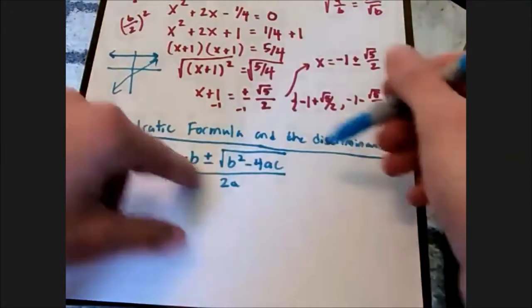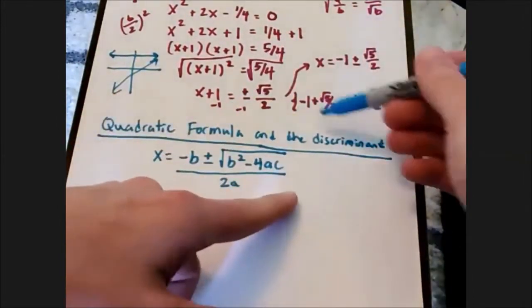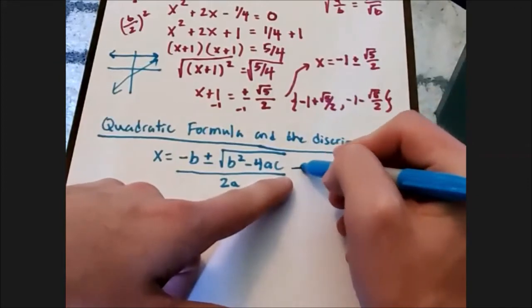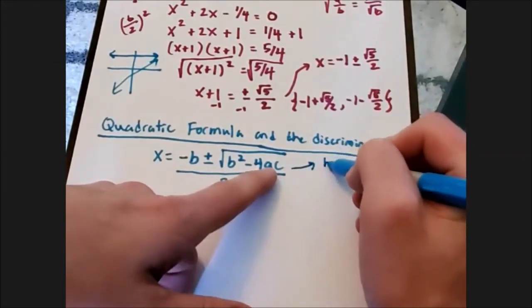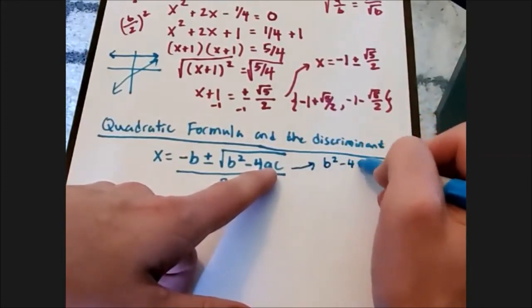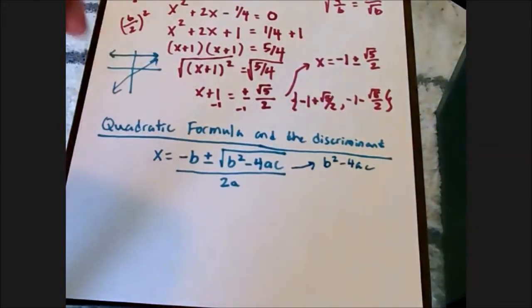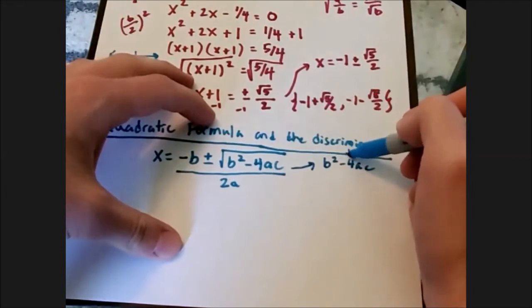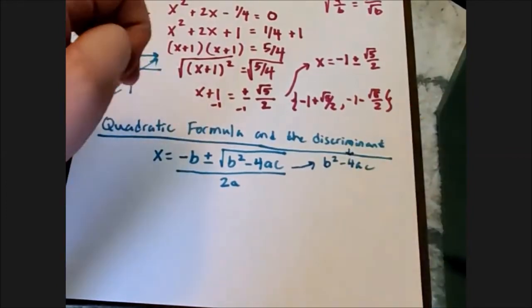And importantly, within the quadratic formula is this concept known as the discriminant. The discriminant specifically is just the b squared minus 4ac portion of the quadratic formula. So the discriminant is that term, b squared minus 4ac.